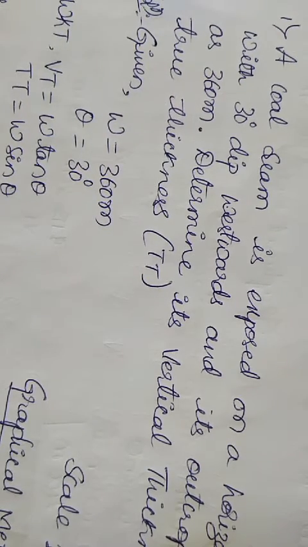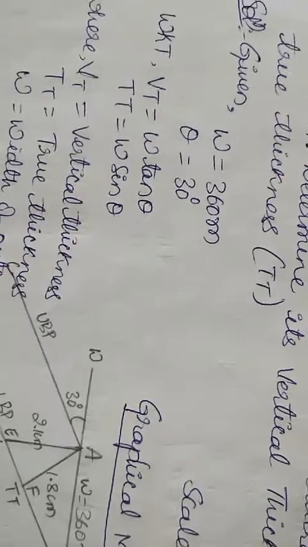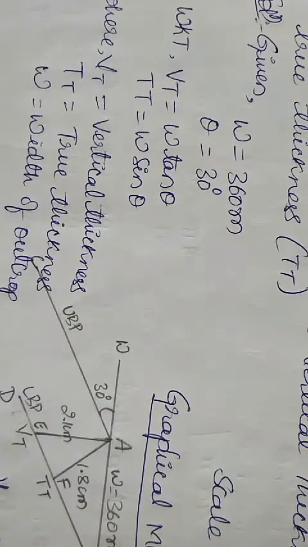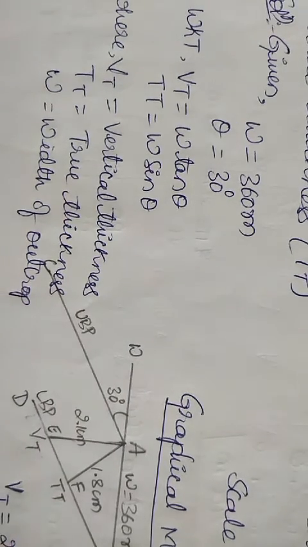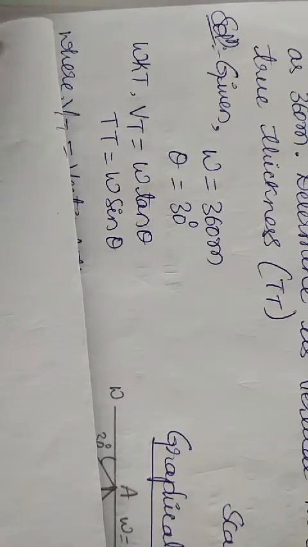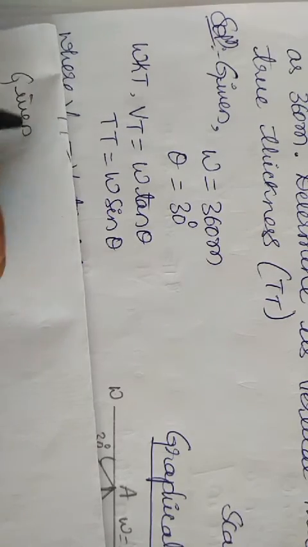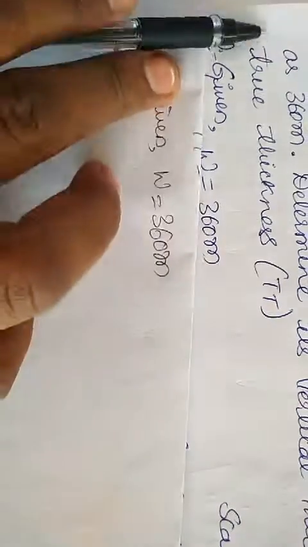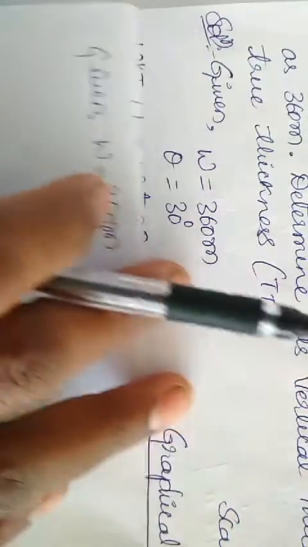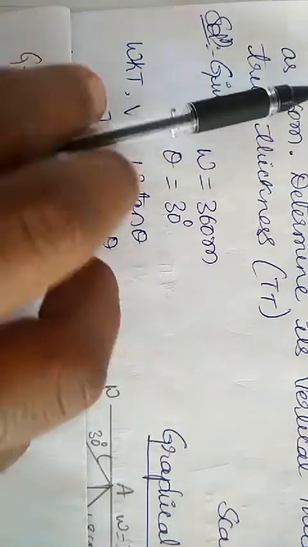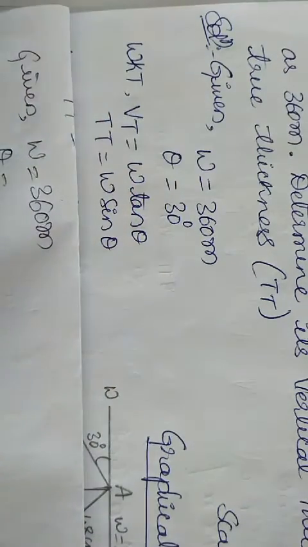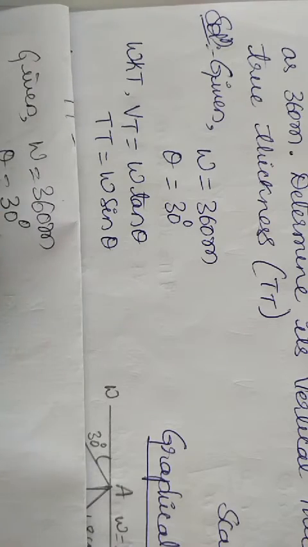First we will take down the given data. W is equal to 360 meters, that is the width of outcrop, and theta. A coal seam is exposed on a horizontal ground with 30-degree dip, so the dip itself, that is 30 degrees, is theta.